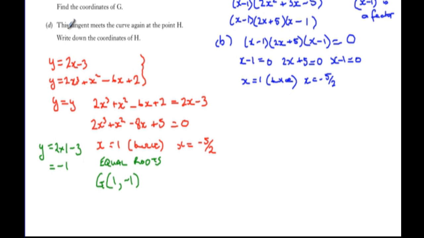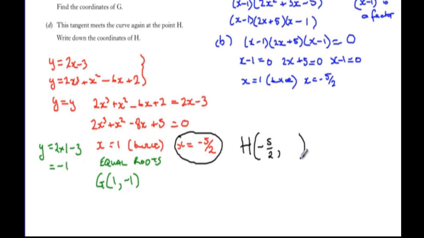And for part D, we're told that the tangent meets the curve again at the point H. Write down the coordinates of H. Now we know that the other place where the line meets the curve is where x is equal to negative 5 over 2. So the x coordinate of H is negative 5 over 2.